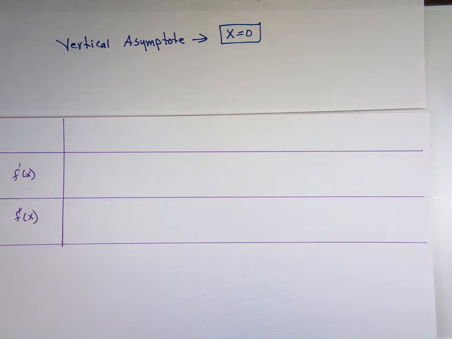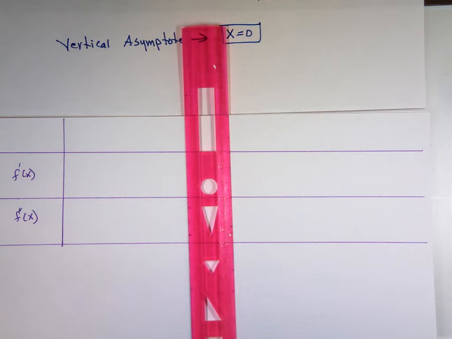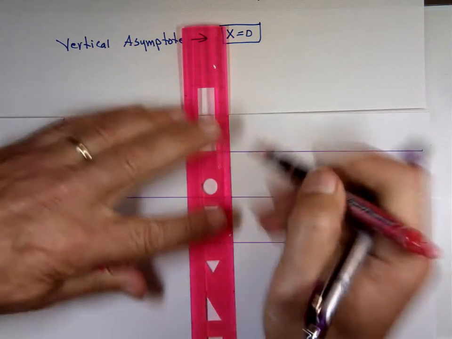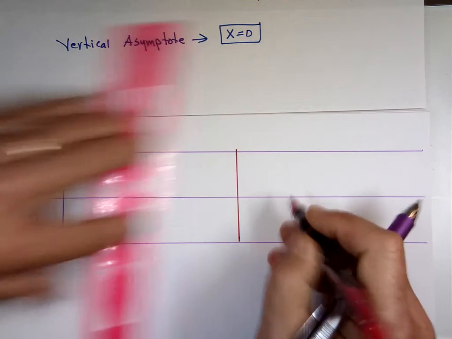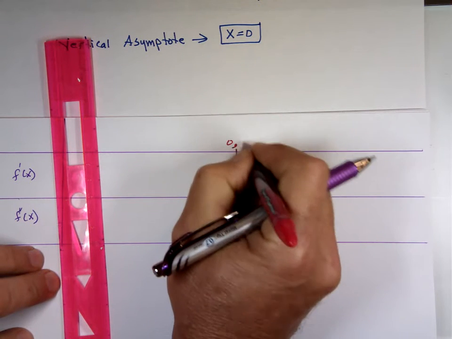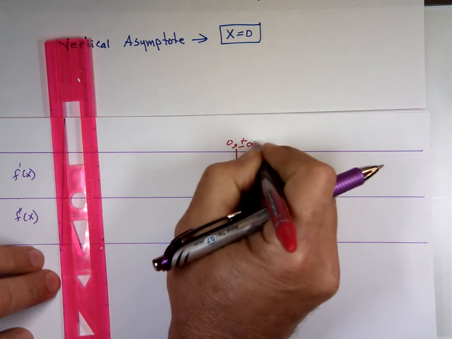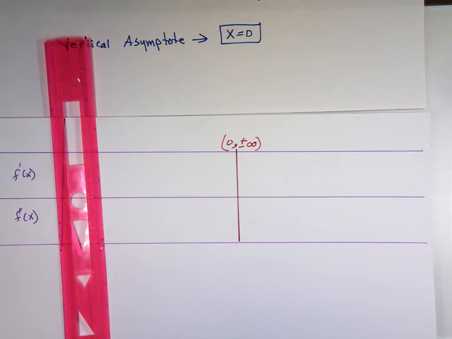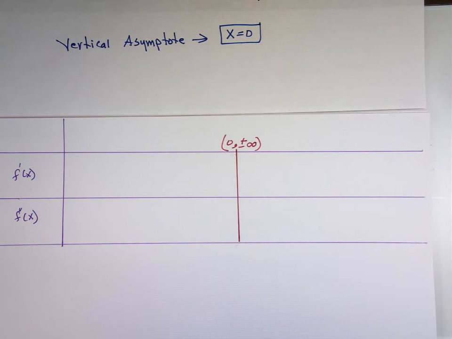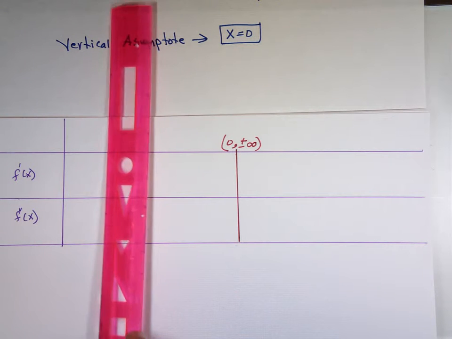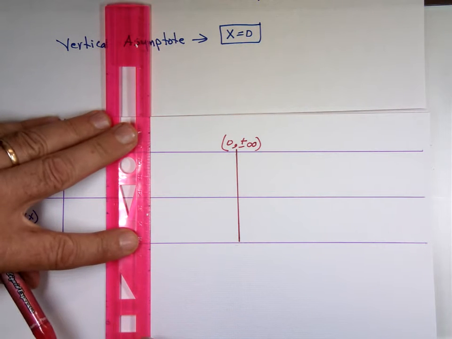So this is for the first derivative, this is for the second derivative. We said we have a vertical asymptote at 0. So let me draw a line going through both of them. At 0 the y value is either plus or minus infinity. We have no idea. Now we found a critical value to be what? Negative 6.